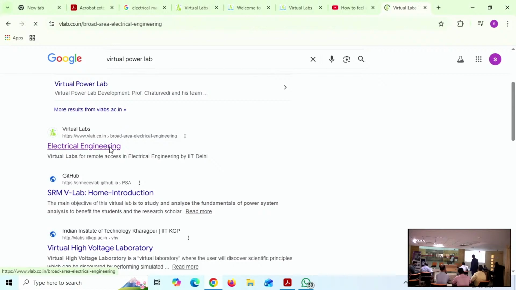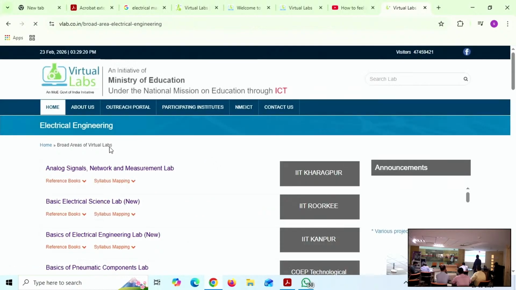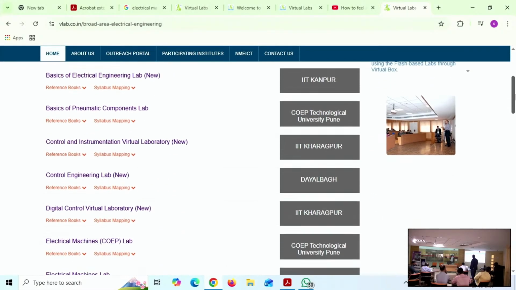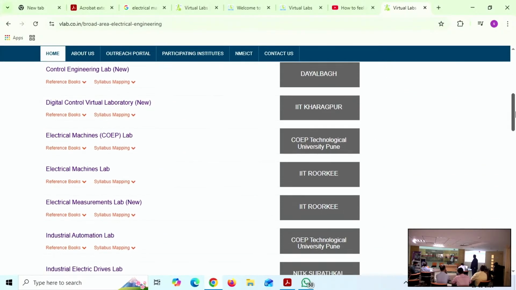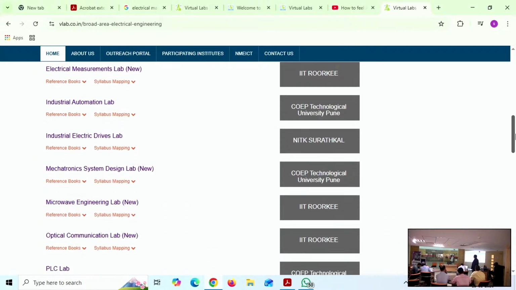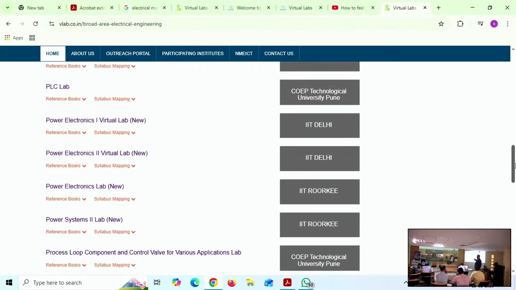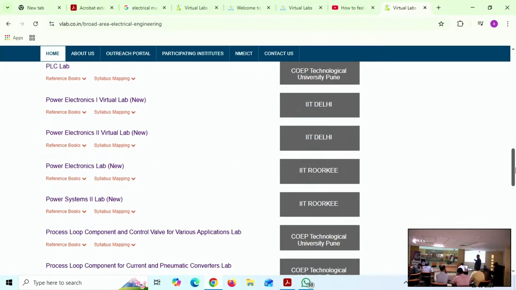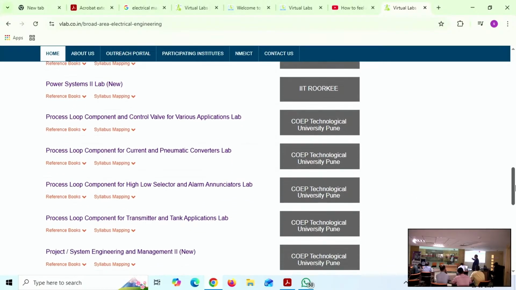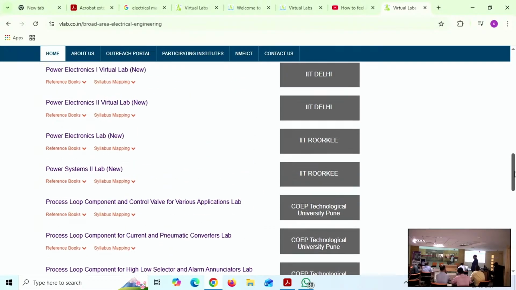Virtual lab. Lastly, I request all of you who are not aware of this or not well familiar by now, at least try to do simulations with this virtual lab first, then try your respective laboratories, then verify how far these are similar or related.